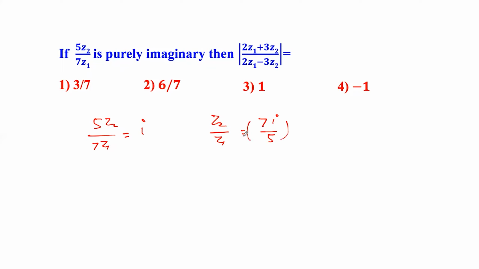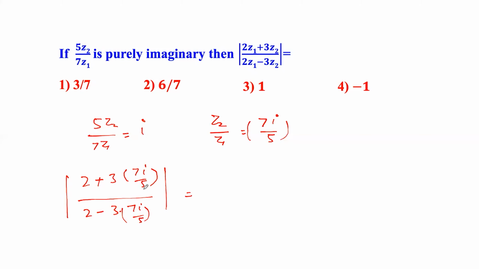And our requirement is Z2 by Z1. So if I divide by Z1, what we get is (2 plus 3 Z2 by Z1) upon (2 minus 3 Z2 by Z1), that is 2 plus 3 times 7i by 5 upon 2 minus 3 times 7i by 5, whole in the mod, right?